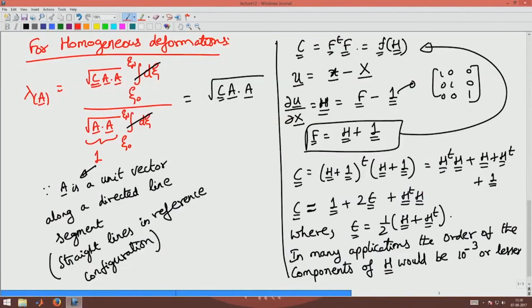So, what will happen is, if H is of the order 10 power minus 3, this would be of the order 10 power minus 6. Okay. So, what we do is, we neglect this and compute C approximately as 1 plus 2 epsilon, that is what we approximately compute C as. Okay.